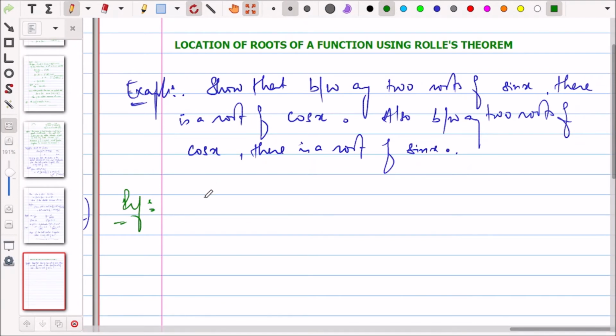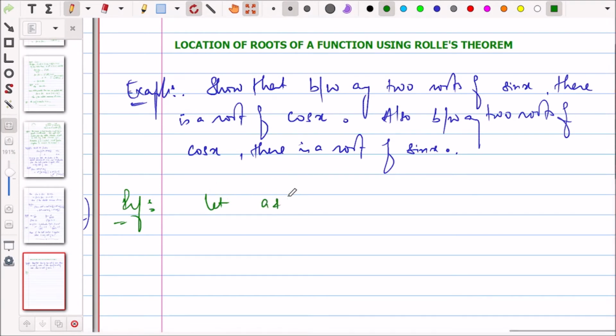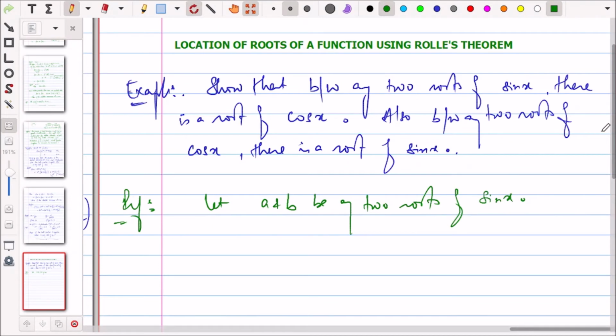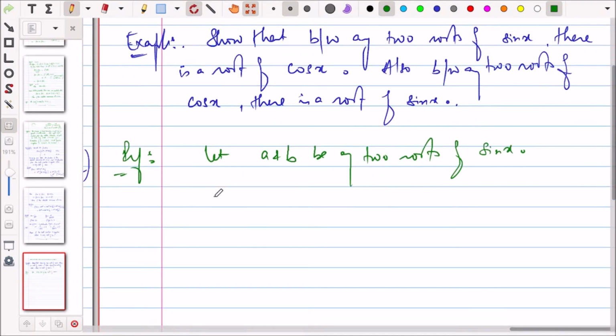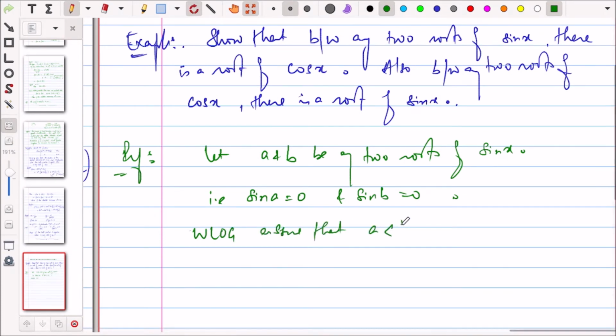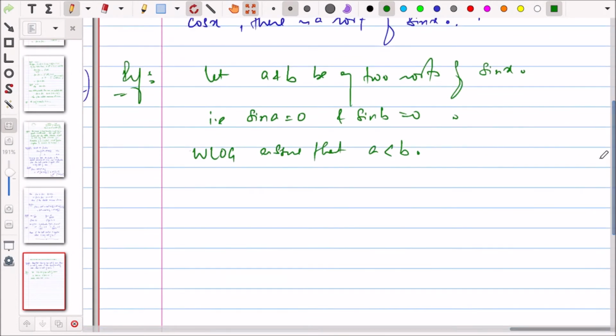Okay, let a and b be any two roots of sin x. That is, sin a is equal to 0 and sin b is equal to 0. Without loss of generality assume that, क्योंकि अभी पता ही नहीं कौन सा बड़ा है कौन सा छोटा है, we can assume a is less than b.